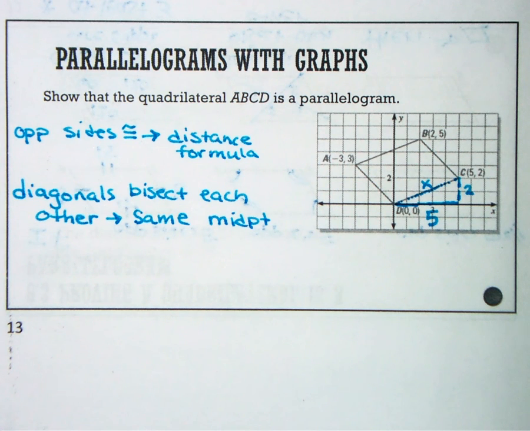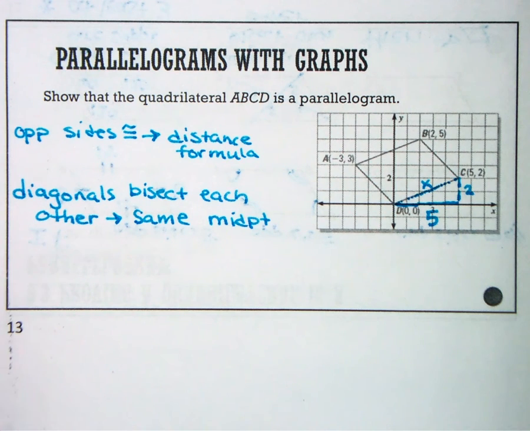But wait. But the easiest way to show that this is a parallelogram, okay, one of the easiest things you ever did in Algebra 1 was counting slope, right? And if you can show me that the opposite sides have equal slope by counting the slope, you can show me it's a parallelogram, right? Because if the opposite sides have congruent slope, then it's parallel, which means it's a parallelogram. So that, I think, is the best way.